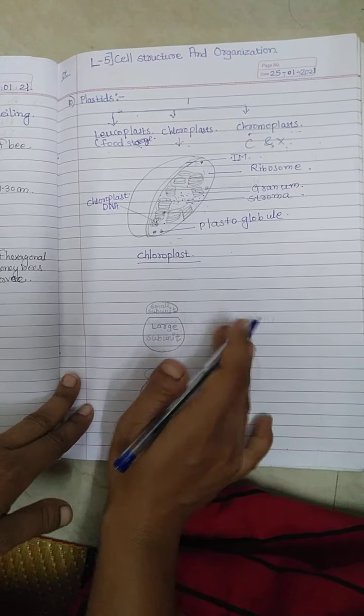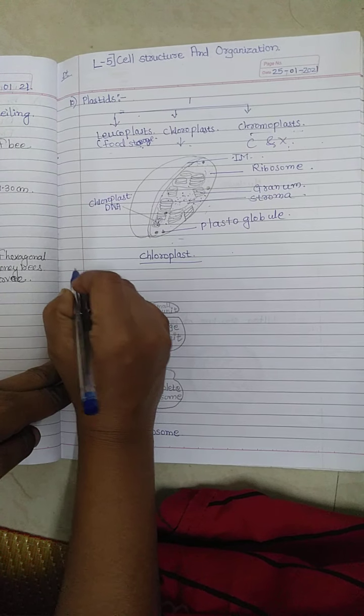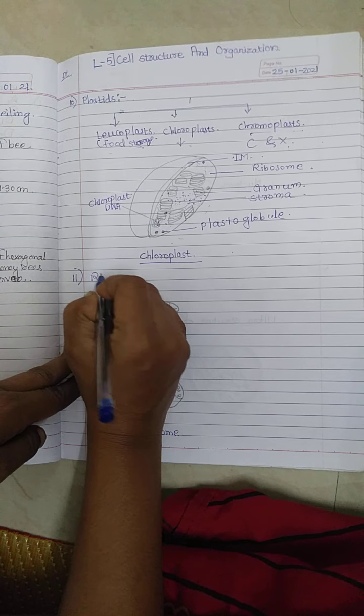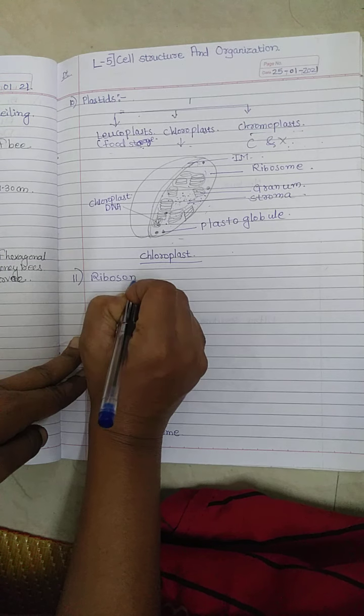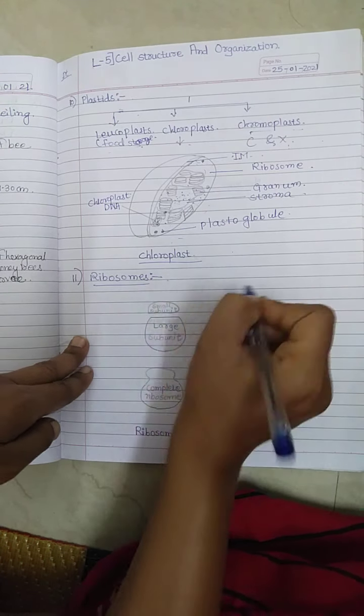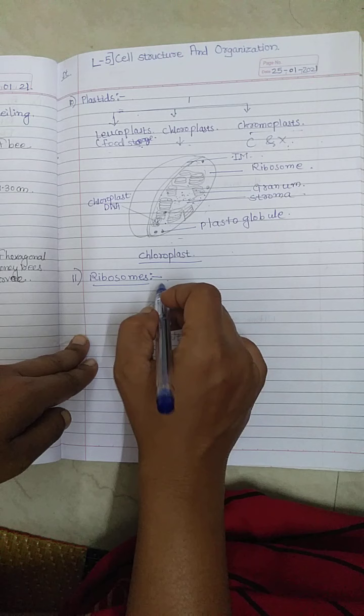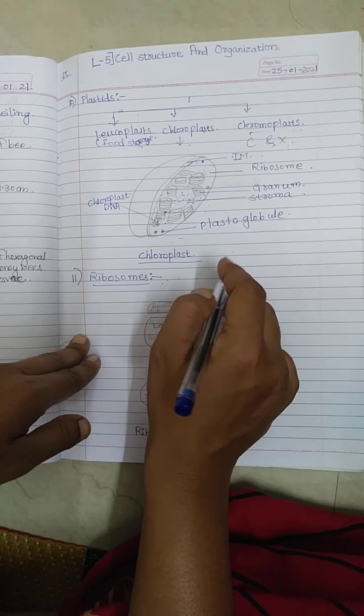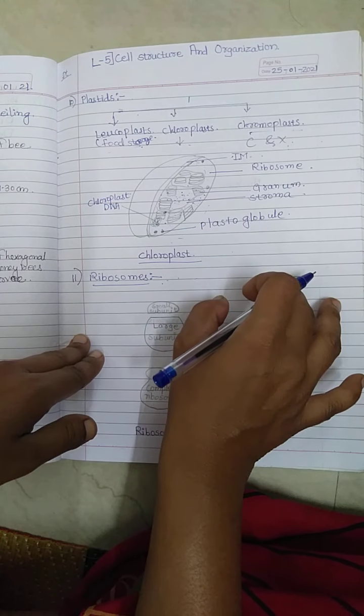Now coming to the next, the 11th topic, ribosomes. Students, you are aware of the ribosomes, which are also called the factories of protein.